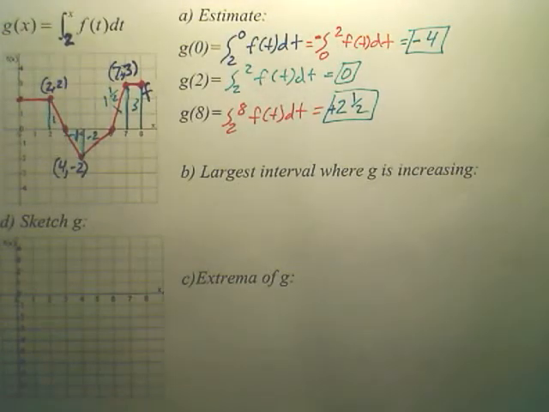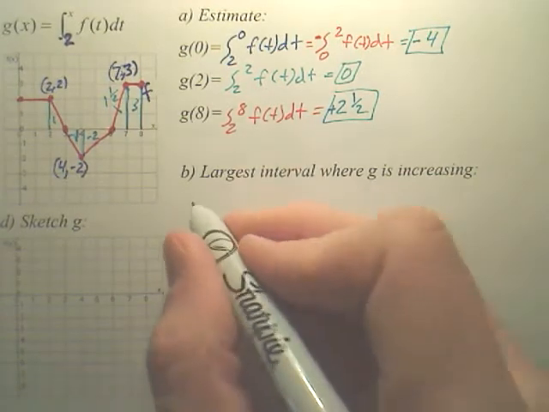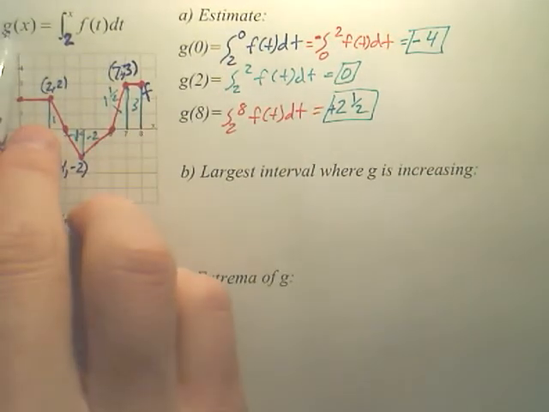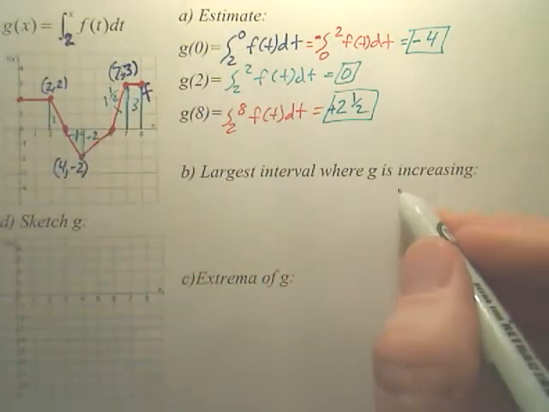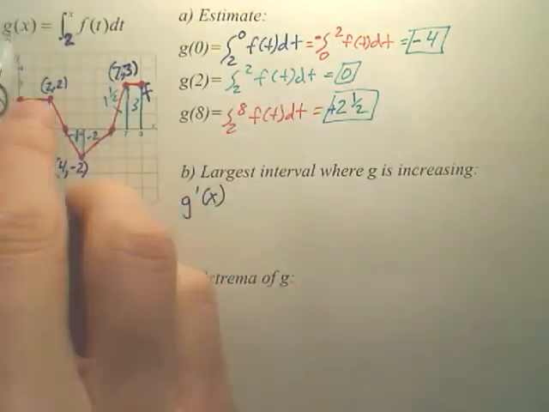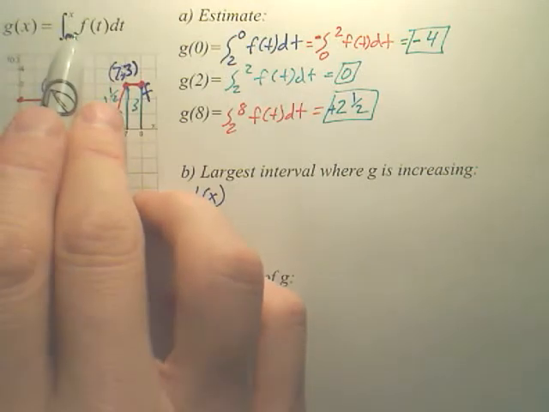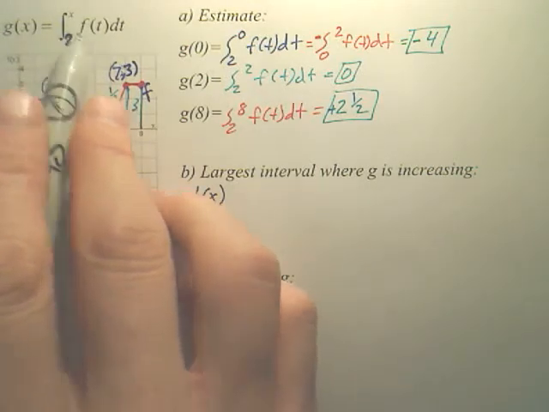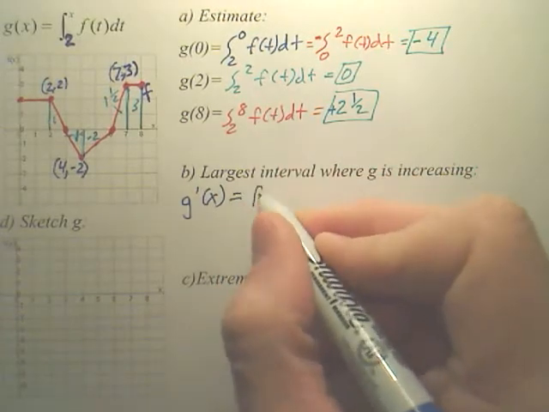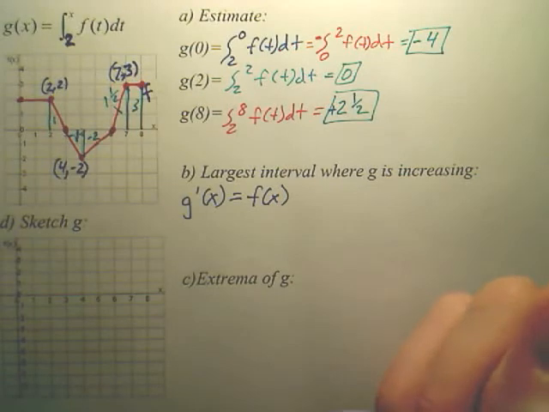Okay. Now, next question. Which is the largest interval for which g is increasing? Well, what you have to realize is g is equal to this. Increasing means a derivative, so g prime of x. When you take the derivative of an integral in this form, it's the second fundamental theorem of calculus, so you basically end up with f of x. That's your answer.